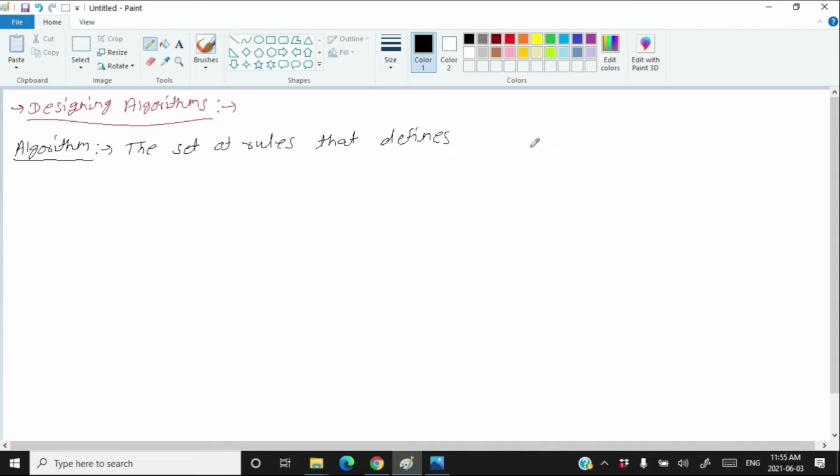So an algorithm is a set of rules that defines how a particular problem can be solved. And that problem should be solved in a finite number of steps.